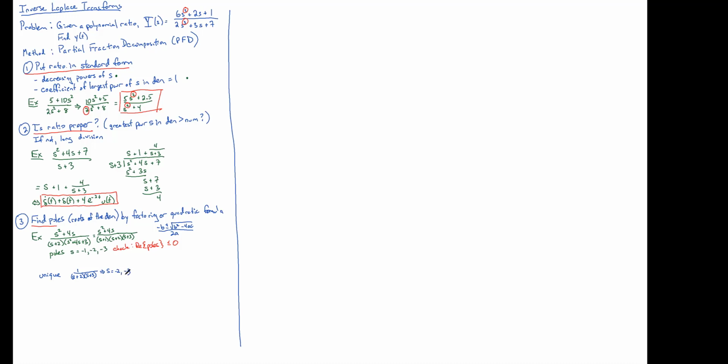So they could be unique. They could be repeated. If we had something like 1 over s plus 2 squared, that would give us poles of s equals -2 and -2. And these are all examples of real valued poles.